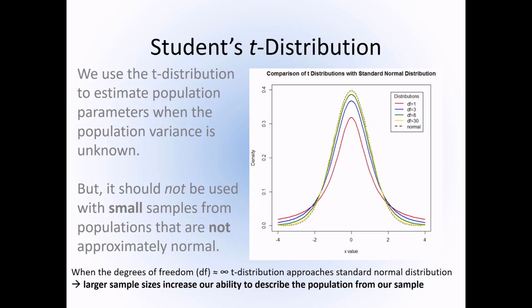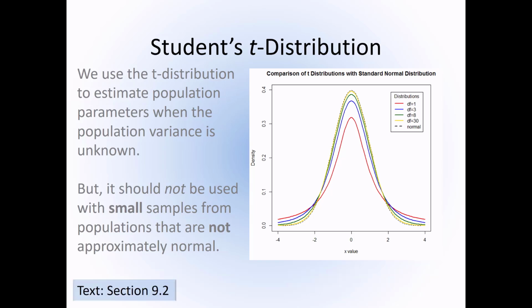When the degrees of freedom become very large, we actually see that the t-distribution approaches the same shape as the standard normal distribution. This is useful for statistical tests, so we should be aiming as scientists to have appropriately large sample sizes to describe our populations. And for more information on this, check out section 9.2 of the text.